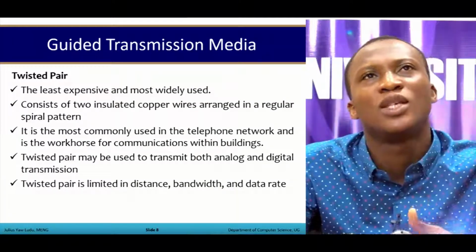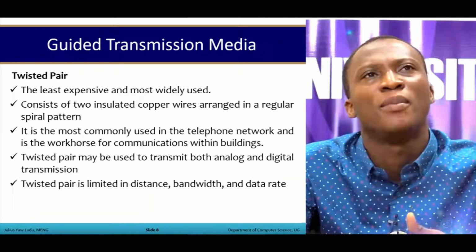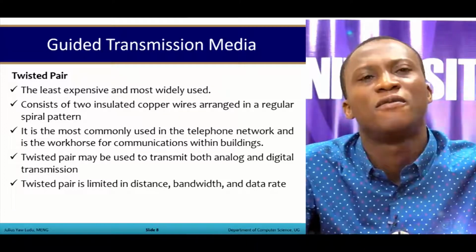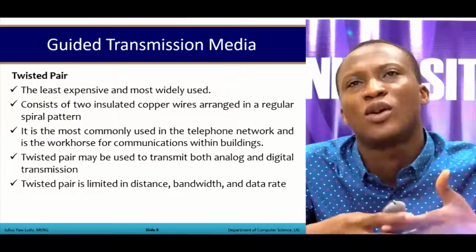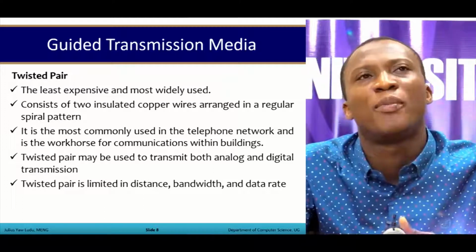Now, I want to take each of these media and say something about them. We have the twisted pair, the least expensive and most widely used. This consists of insulated copper wires arranged in a regular spiral pattern.